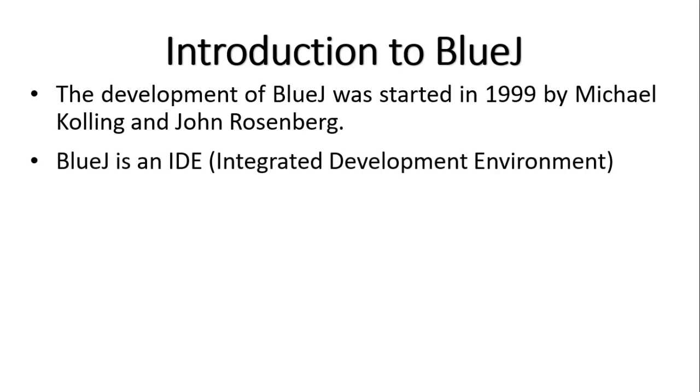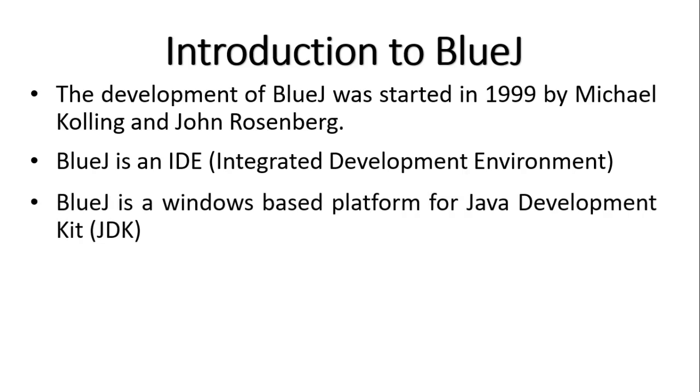Okay, and BlueJ is an IDE, that means Integrated Development Environment. You remember this, that BlueJ is an integrated development environment. In short, we say IDE. And BlueJ is Windows based, although like we say that Java can run on almost all platforms, likewise BlueJ can also run on any platform.